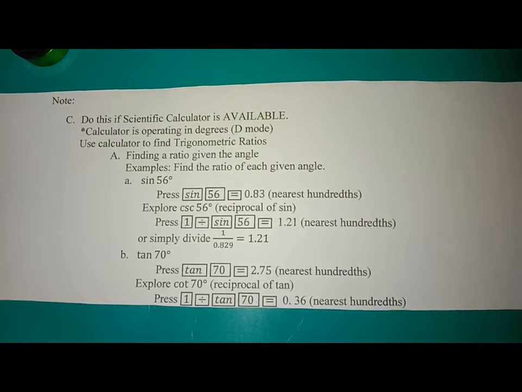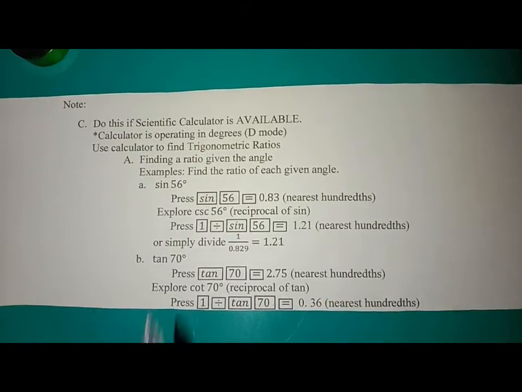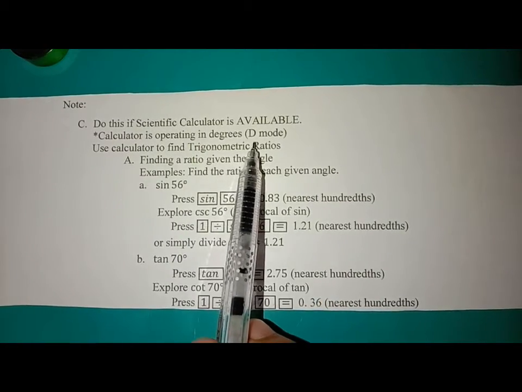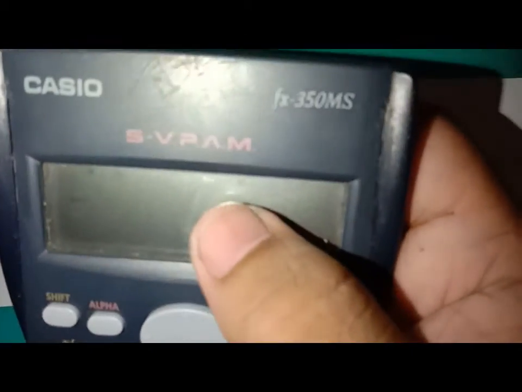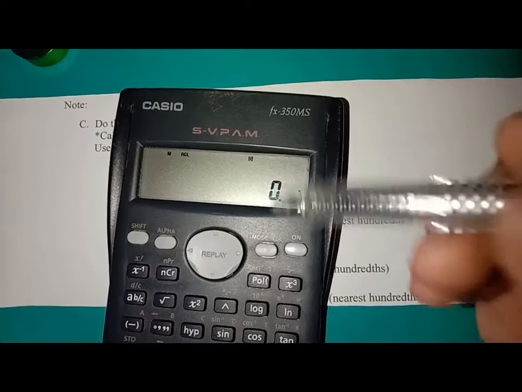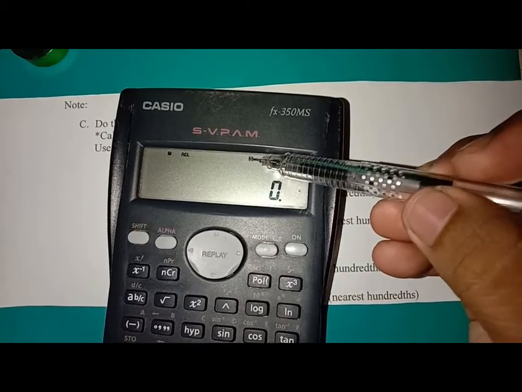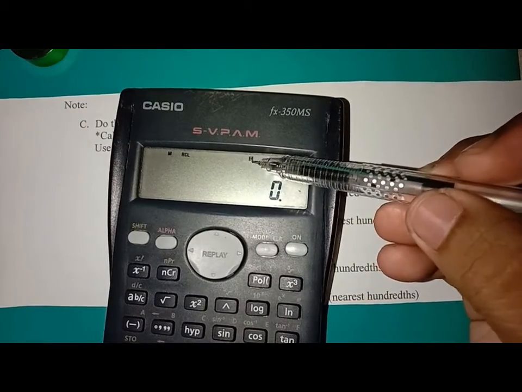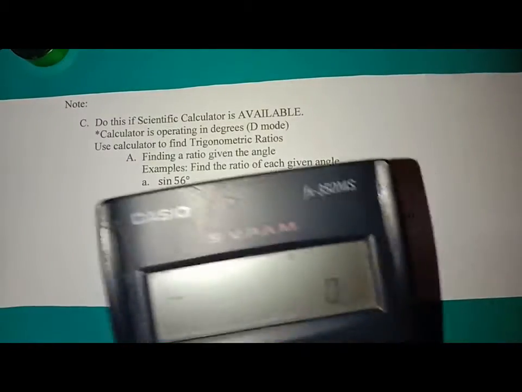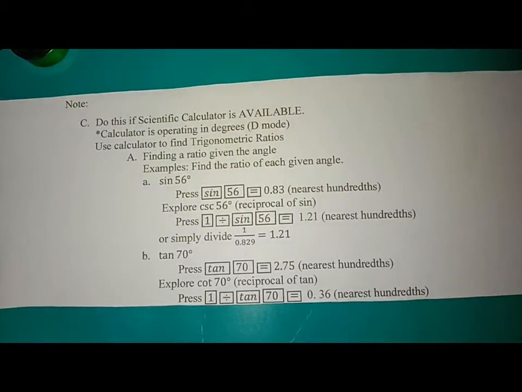Let's use the calculator to solve the following. Do this if a scientific calculator is available. The calculator should be operating in degrees, or D. As you can see on our calculator, if you see that it is D, it is a bit unclear in the video, but if it is in degrees mode, it means you can solve problems that involve trigonometric ratios.